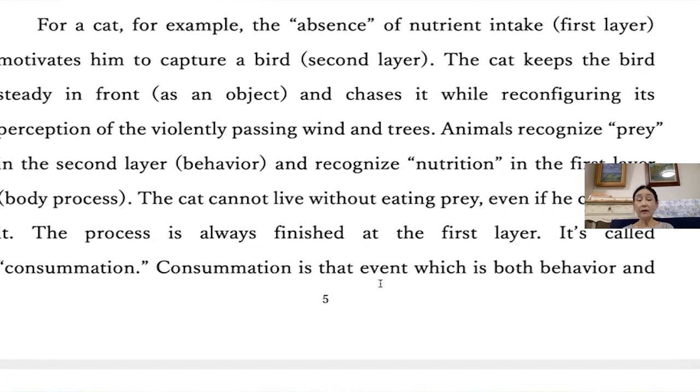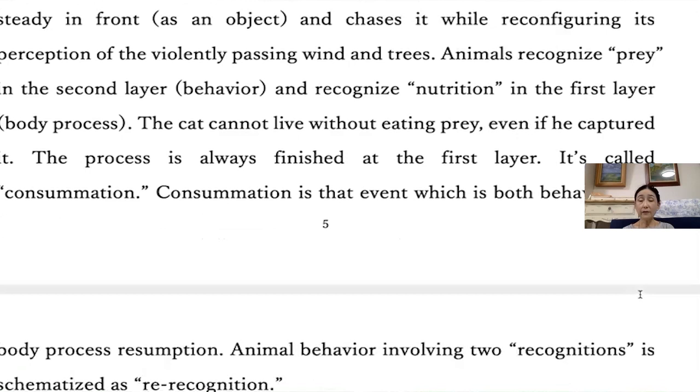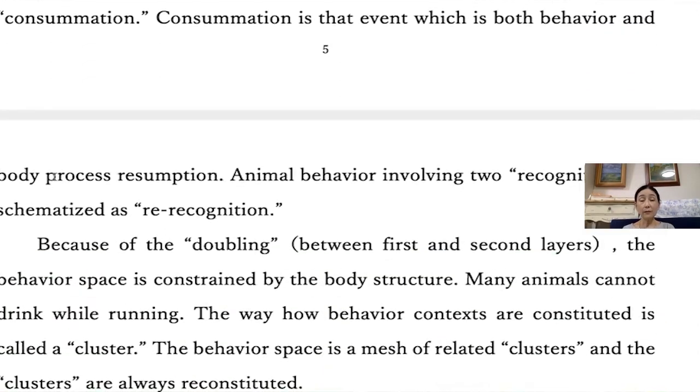Consummation is that event which is both behavior and body process resumption. Animal behavior involving two recognitions is schematized as recognition. Because of the doubling between first and second layers, the behavior space is constrained by the body structure.